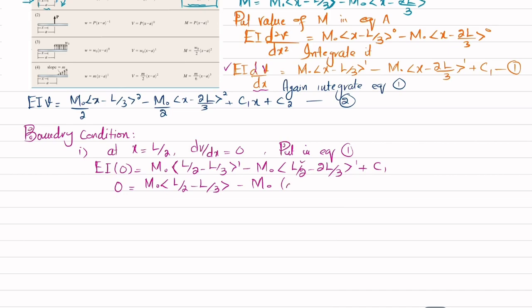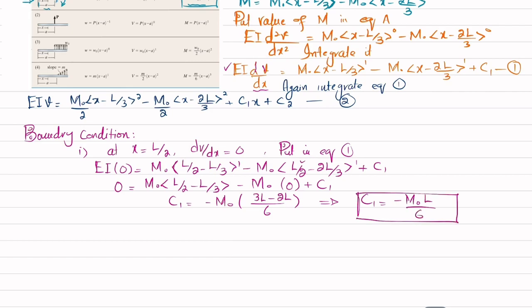So I will write M₀ into 0 plus C1. So from here you will get C1 equal to minus M₀ into, if you take LCM, it will be 6, so (3L − 2L), and you will get C1 equal to minus M₀L/6. So this is the value of C1.